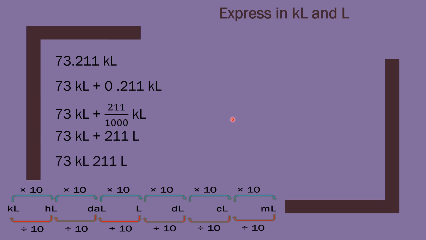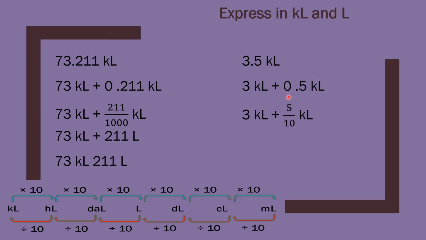Let us do one more question. 3.5 kiloliter. Now we need to convert this into kiloliter and liter. So this whole number part and decimal part we will do separate. 3 kiloliter plus 0.5 kiloliter we can write. Now 3 kiloliter will be as it is, and we will convert this part into liter only.